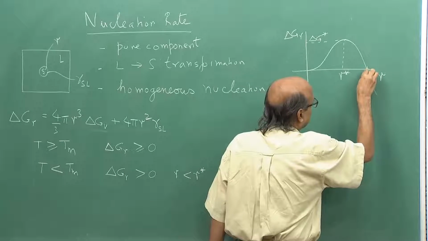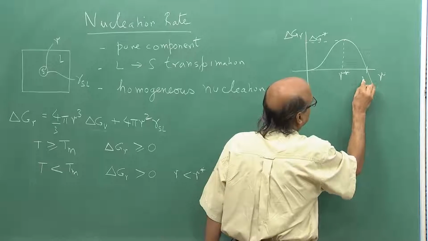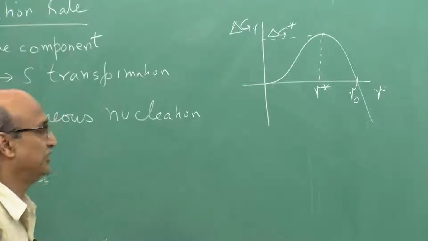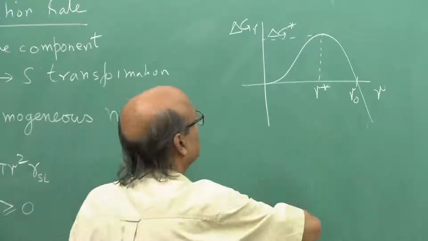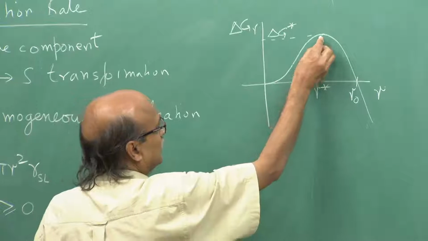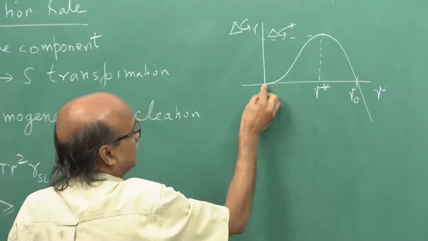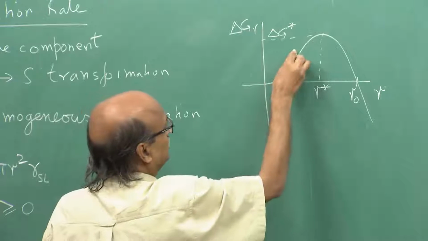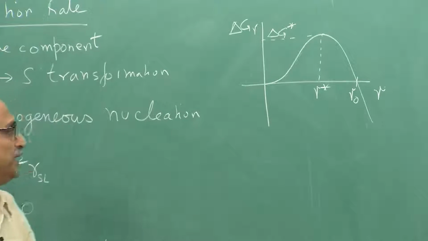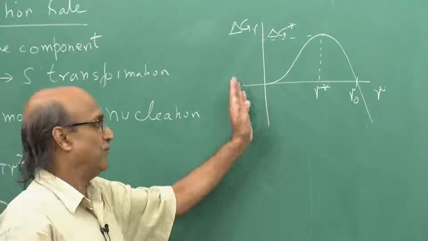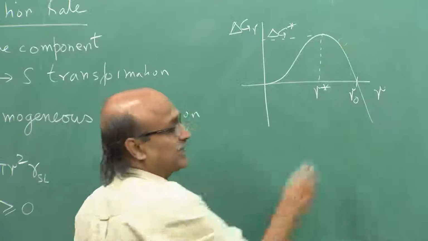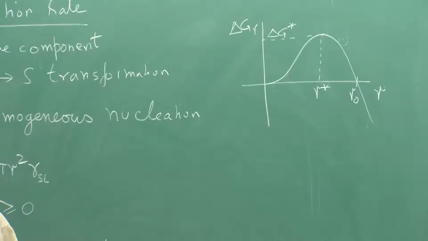Then there is a size, which I can denote as R0, beyond which the change in the free energy is negative. So, if a nucleus is formed anywhere in this region, then that nucleus will be unstable and will tend to dissolve back. If the nucleus is formed in this region, then it becomes stable and becomes part of the solid.